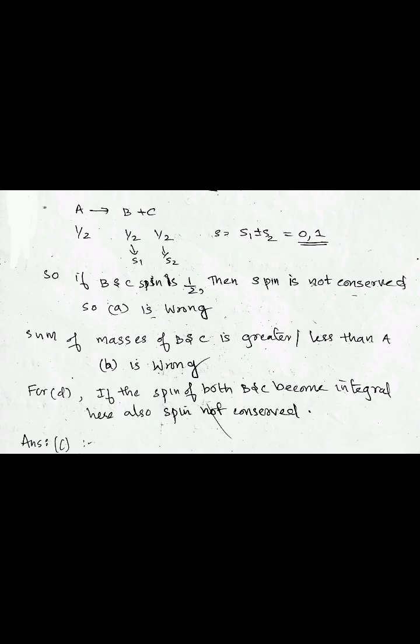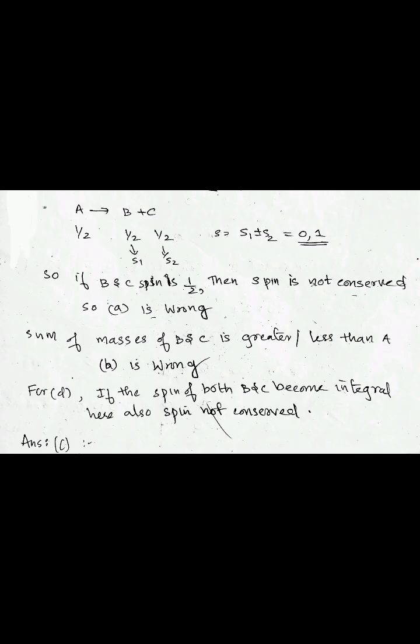So if the spin of B and C is half, then the spin is not conserved. That is, on the LHS the spin is half and on the RHS spin is 0 and 1. So the spin is not conserved, so option A is wrong.